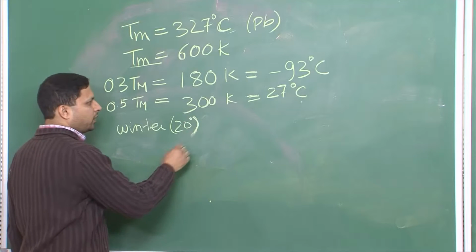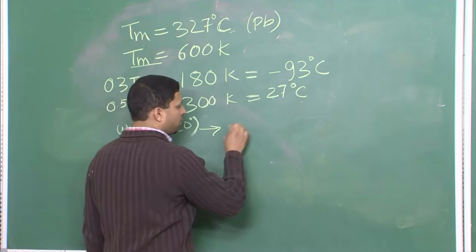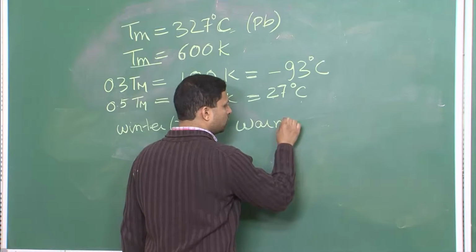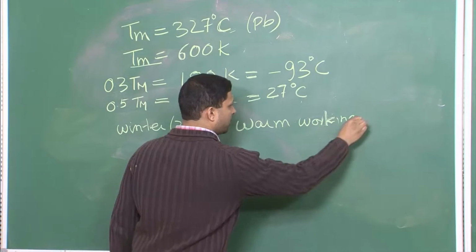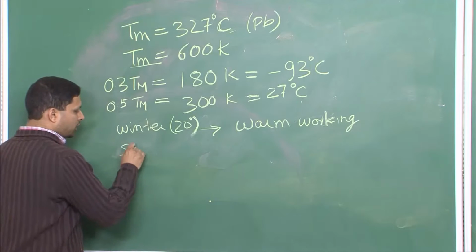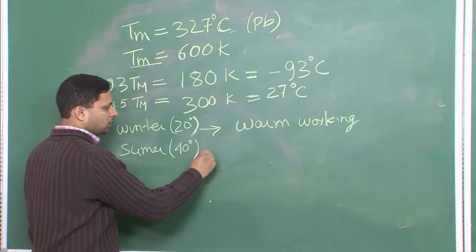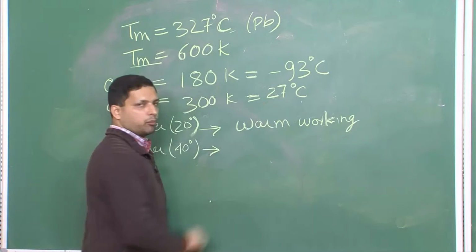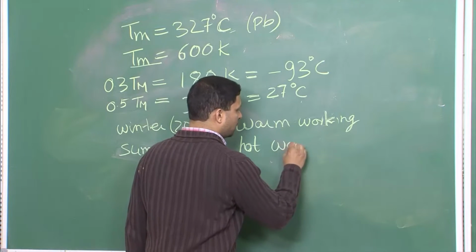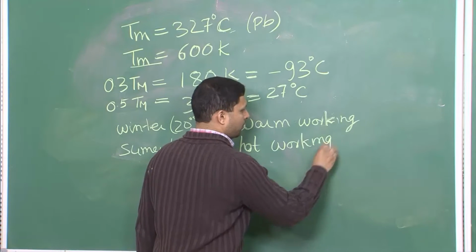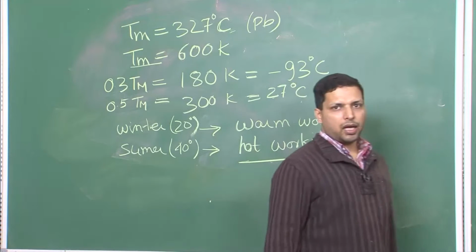So, you are working at 20 degrees Celsius and the 0.5 Tm is 27, so you are actually in the warm working zone, or you are deforming the material like a warm working. If you were doing the same experiment in summer when the temperature is, let us say, 40 degrees in your lab, this is higher than the 0.5 Tm, and therefore what you are doing is actually hot working. So, this is a simple example that we have.